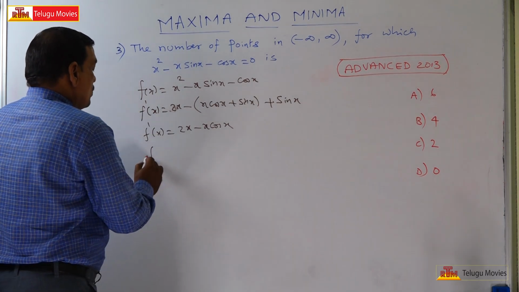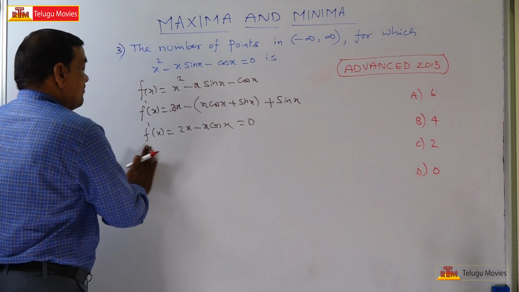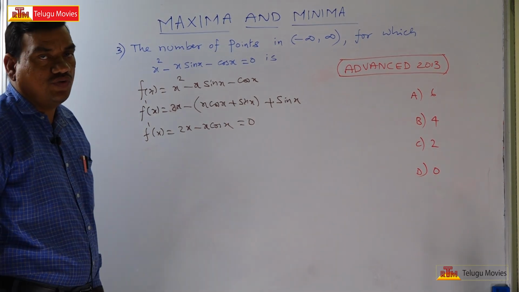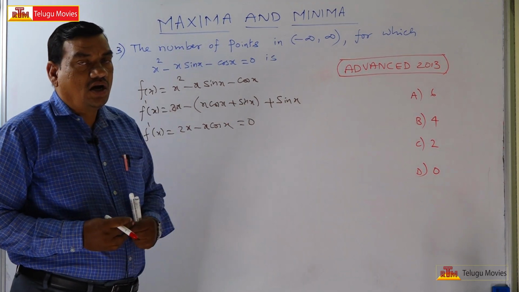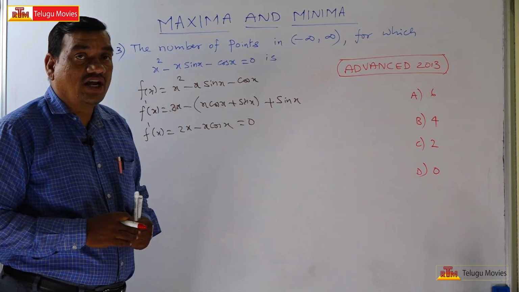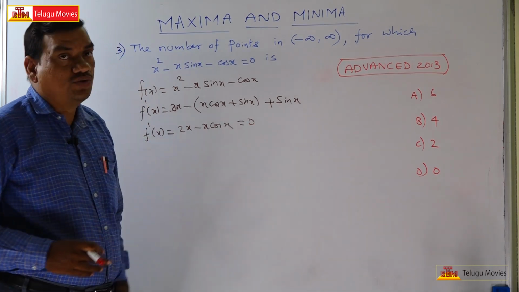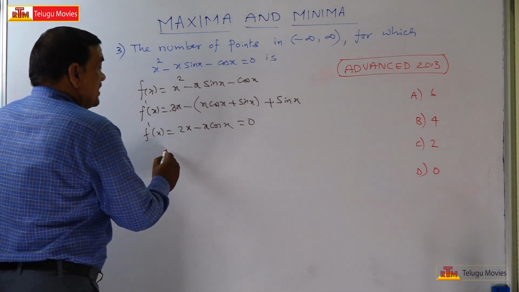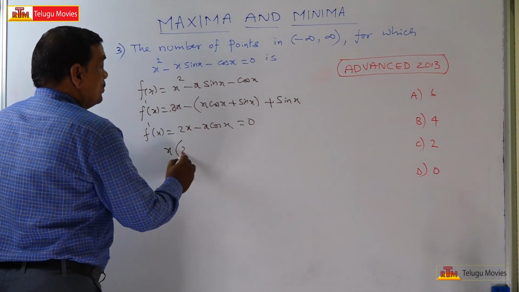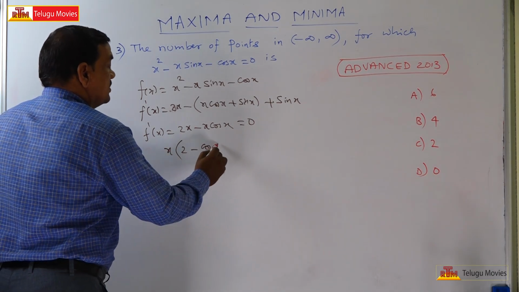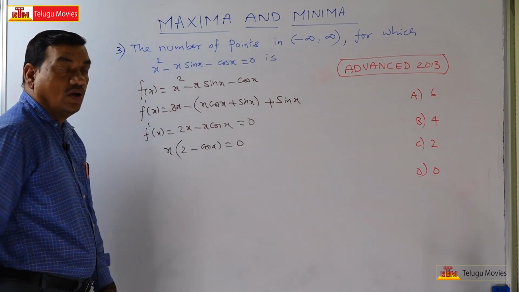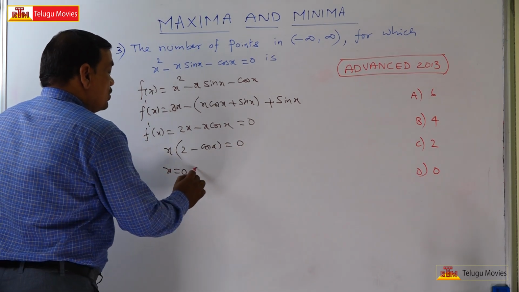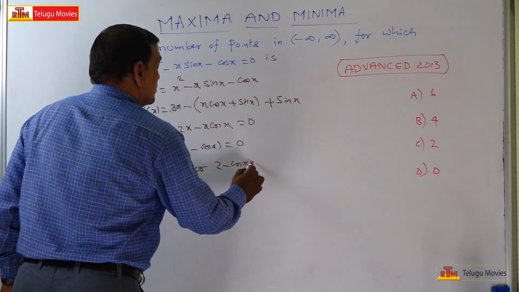For maxima or minima, f dash of x is equal to 0. If you want to check the critical points, we have to make it equal to 0. Take x common: x into 2 minus cos x is equal to 0. So, either x is equal to 0 or 2 minus cos x is equal to 0.